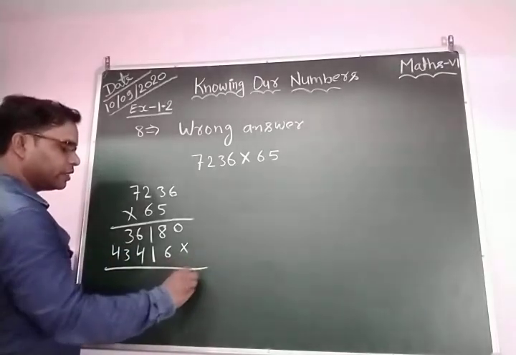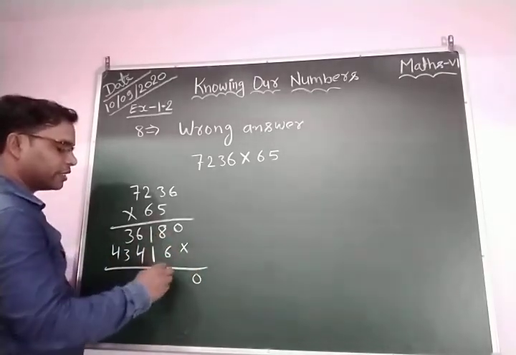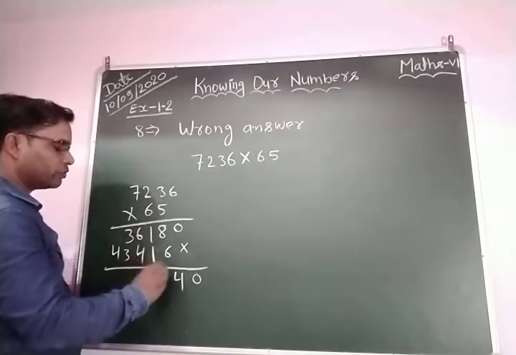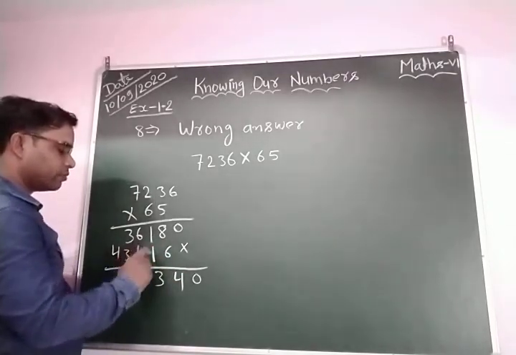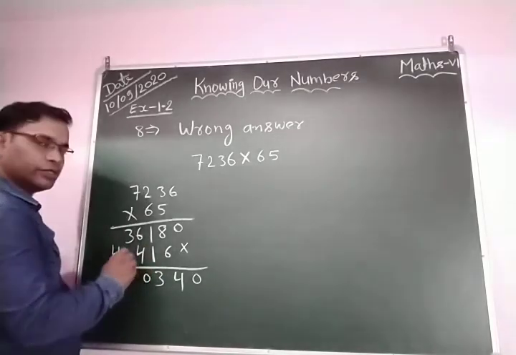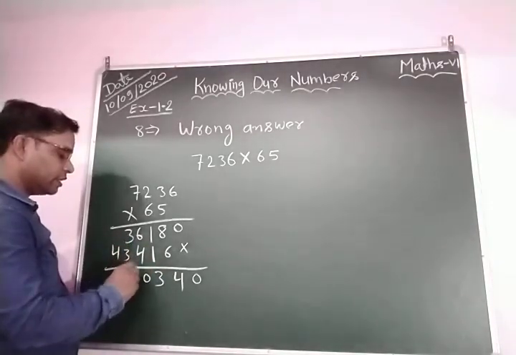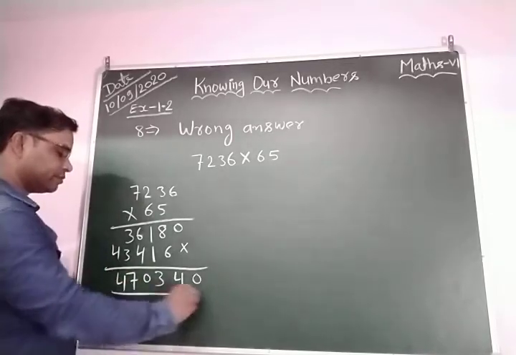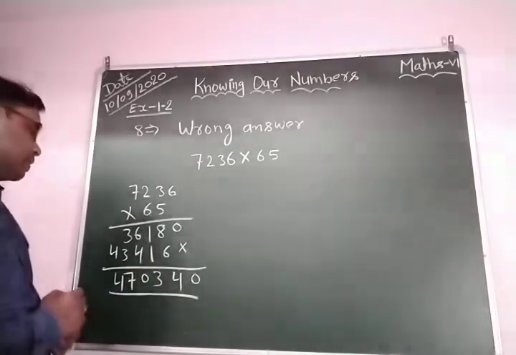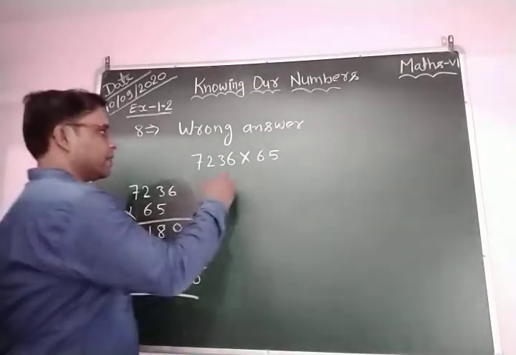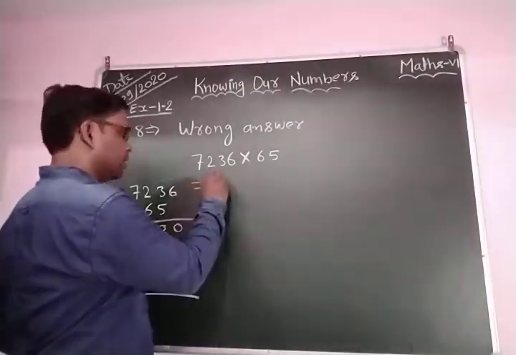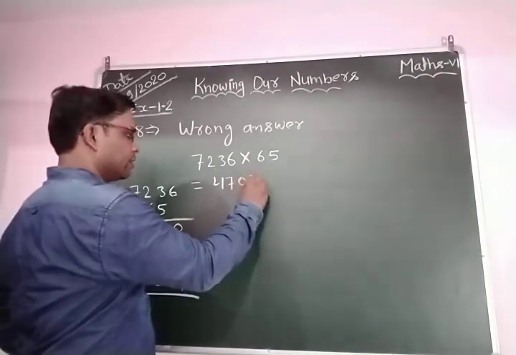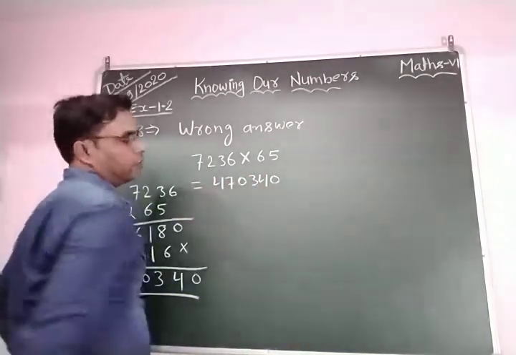So in this way you obtain 0, 8 plus 6 is 14, carry 1, 1 plus 1 is 2 plus 1 is 3, 6 plus 4 is 10, carry 1, 3 plus 3 is 6 plus 1 is 7. We obtain 47,340. The wrong answer is 47,340.